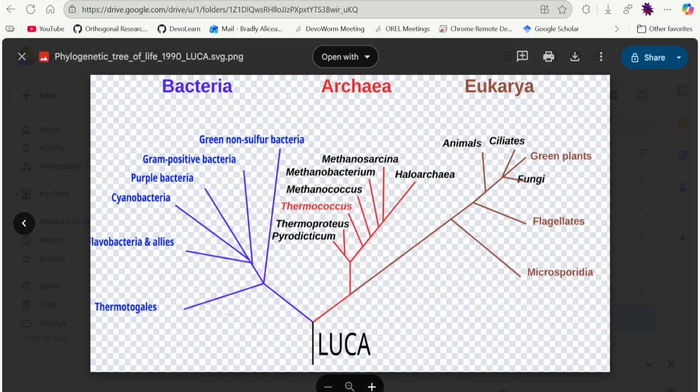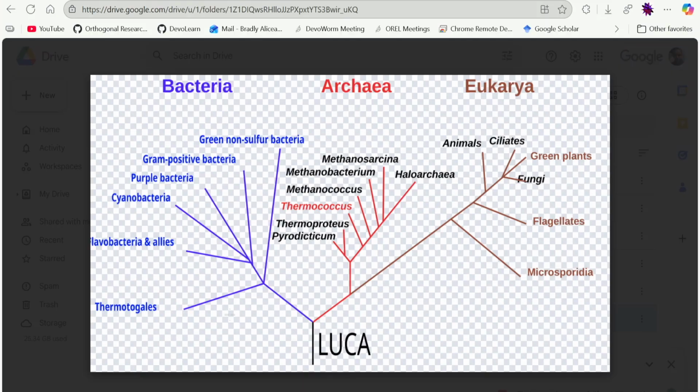So as we recall from the three-domain model of evolution, we have bacteria, archaebacteria, and eukarya. And of course, we're in eukarya, plants are in eukarya, fungi, yeasts, and all of the rest. But we're actually closer to archaebacteria evolutionarily than bacteria.